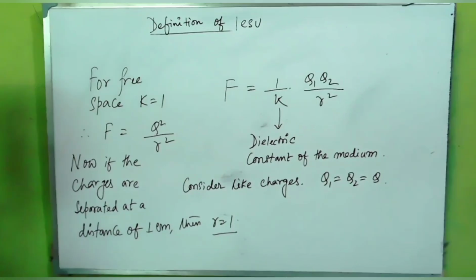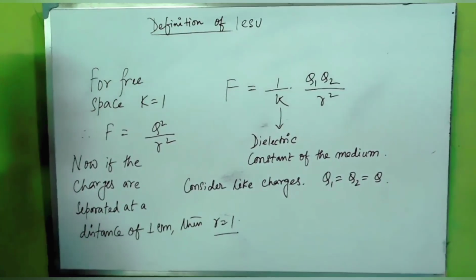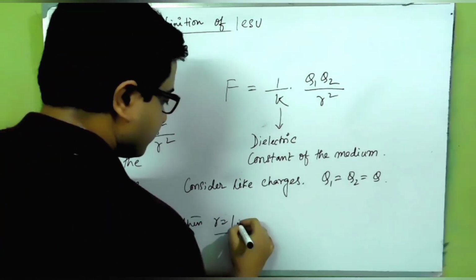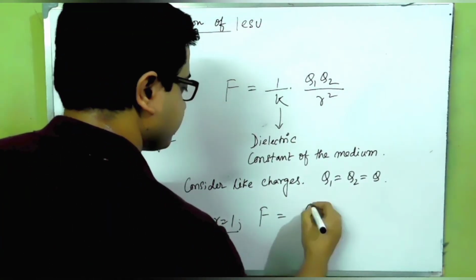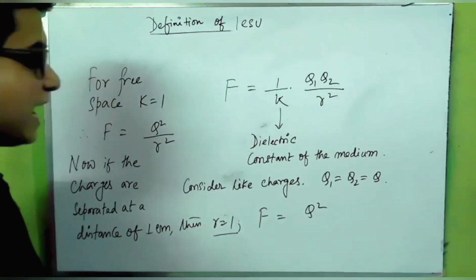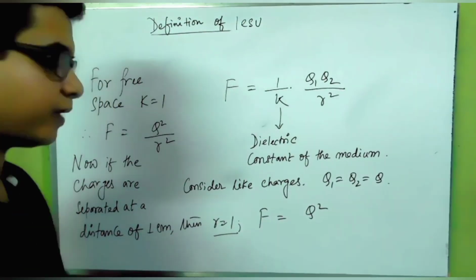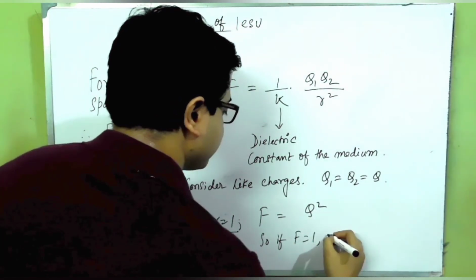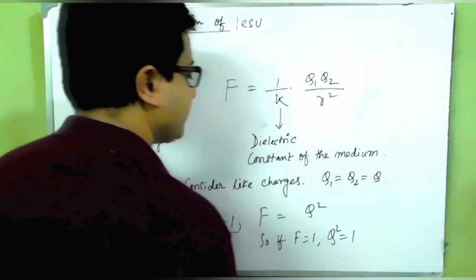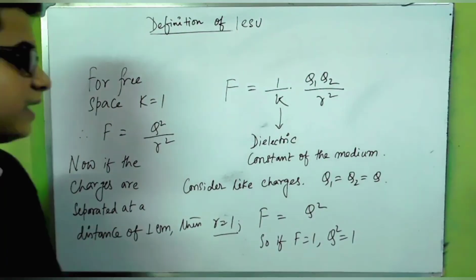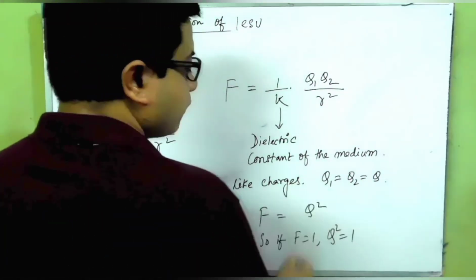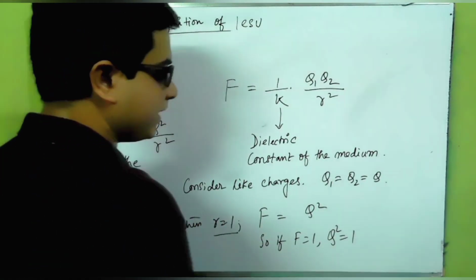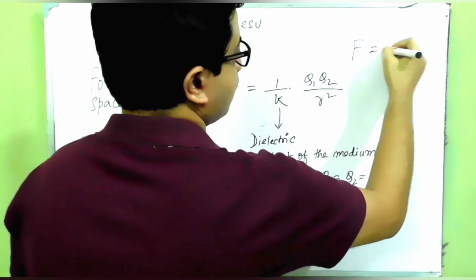Now if the charges are separated at a distance of 1 centimeter, R becomes 1, and we can say that F is equal to Q square. And as F becomes equal to Q square, if F is equal to 1, then only Q square is going to be equal to 1. That means that for Q becoming 1, we need to put the value of F to be 1, and F equal to 1 means F is equal to 1 dyne.